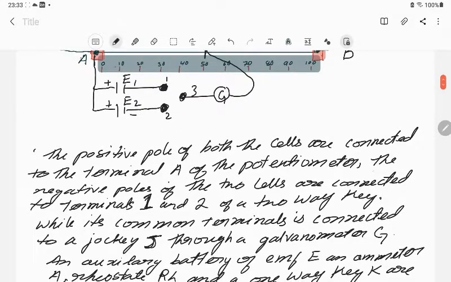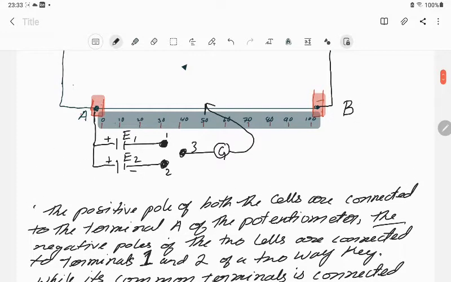The negative poles of the two cells are connected to terminals 1 and 2 of a two-way key. So E1 is connected to terminal 1 and cell E2 is connected to terminal 2 of the two-way key.